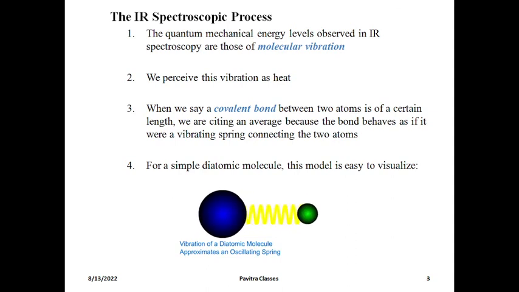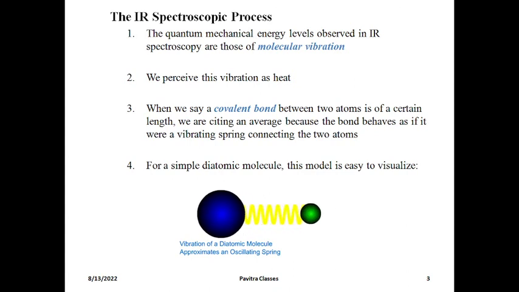We perceive this vibration as heat. A covalent bond between two atoms has a certain length on average, and the bond behaves like the vibration of a spring connecting the two atoms. You can see the picture here. If it is a molecule, the bond between the atoms is like this yellow bond. You can see in the moving picture that, like a spring, it moves closer and moves farther.